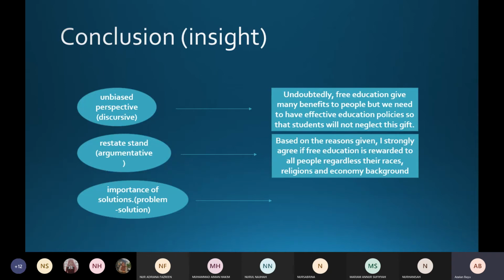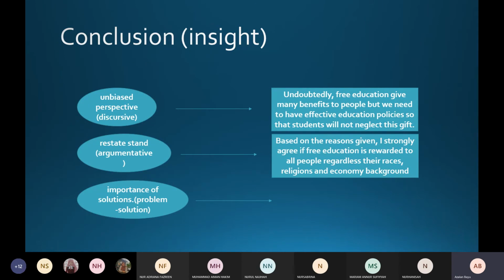I strongly tu you buang, I mungkin tersilap ni. I strongly agree ni, I tu tak sesuai digunakan. Okay, nanti kita kenapa tak sesuai. So you can say based on the reason given, free education must be rewarded to all people regardless their races, religion, and economic background.